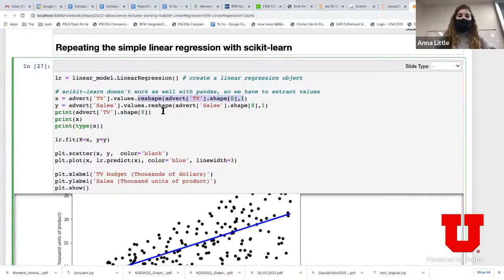Same thing for y. What's being done here? If you look at this TV column in the pandas data frame advert, and you take the shape, shape[0], that just tells you it's got 200 entries in it. So it's just telling you to reshape it to the right size, which is 200 by 1.